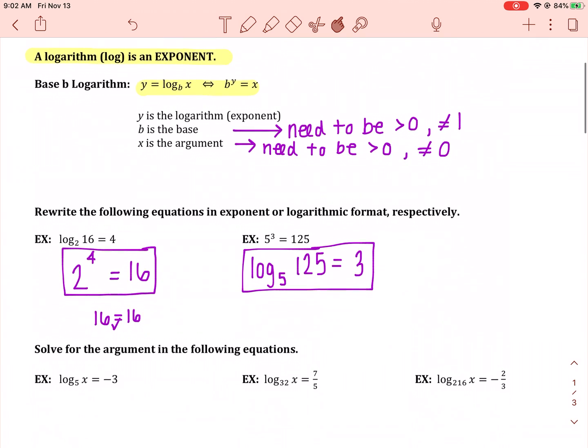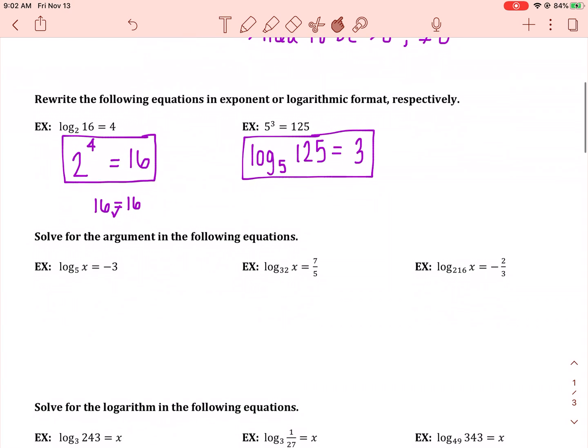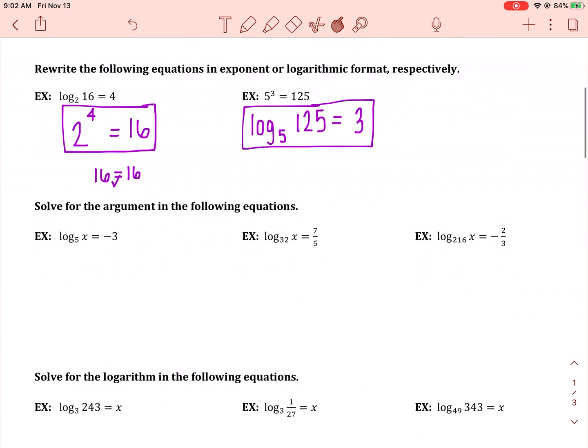Now we're going to do the same thing but actually solve for the unknown. In the first problem, it wants us to solve for the argument. The argument, if you go back to the top, is the x value. And notice that's the only variable I have. I'm starting out in log format. I can't do much in log format, so my first step is I'm going to go on to exponent format.